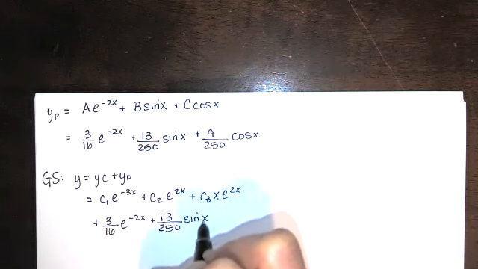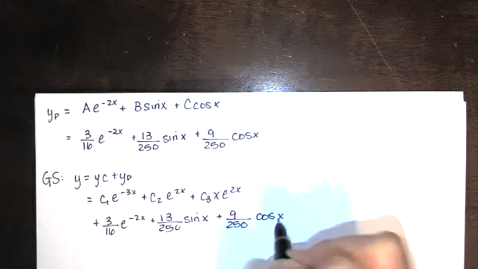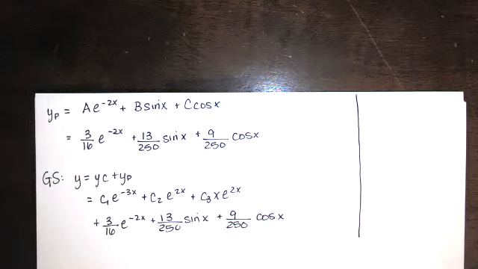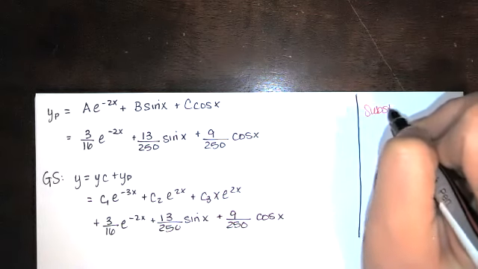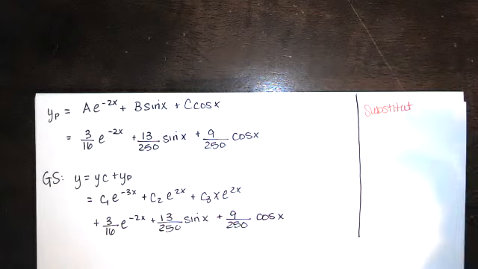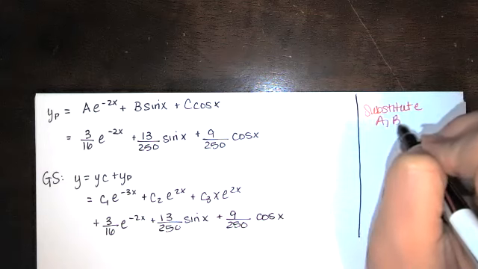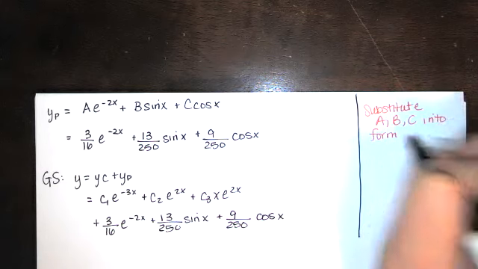It's a pretty straightforward application of the method of undetermined coefficients. We didn't even have to multiply our y sub p by any extra x's, so it's not too bad at all.